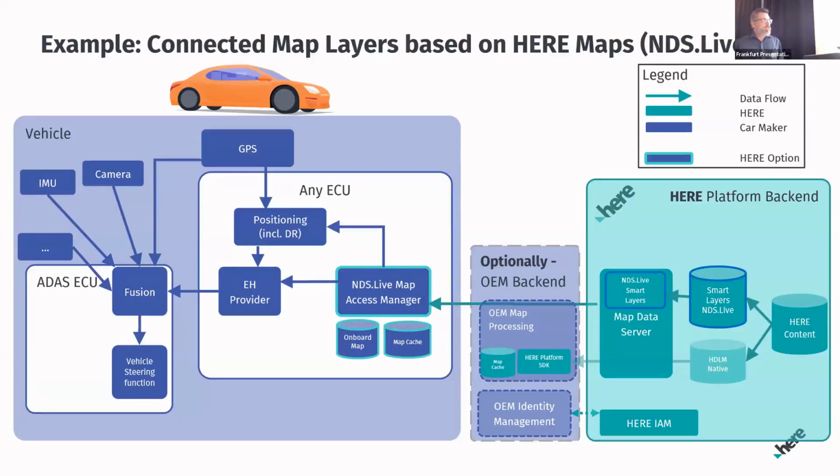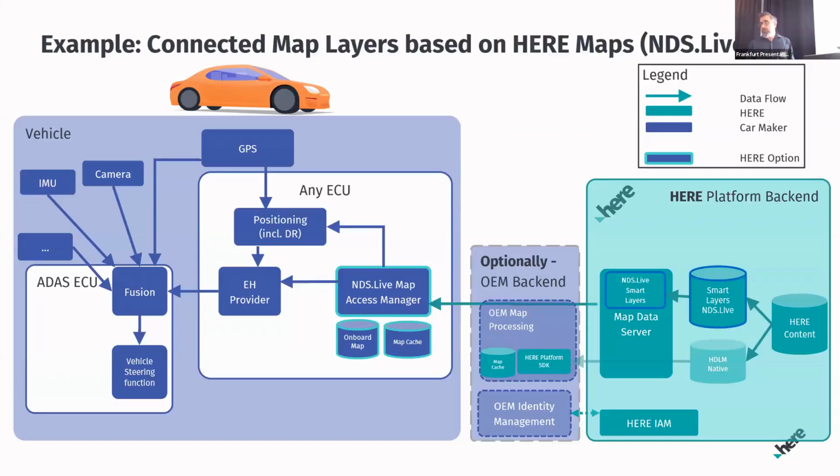Our NDS.Live Smart Layer service also runs there and delivers the map, this live map, either directly to the car or optionally via the customer backend. On the client side, the NDS.Live map access manager can be provided either by the car manufacturer or system provider, or optionally by HERE.